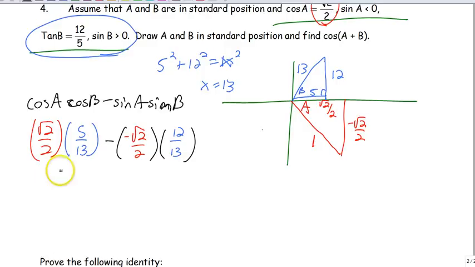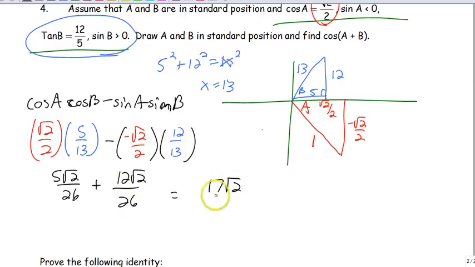You get 5 root 2 over 26. And then this is a minus, so it becomes plus 12 root 2 over 26. We get 17 root 2 over 26. So the cosine of alpha plus beta is that. And all we did was use two triangles to do that separately.